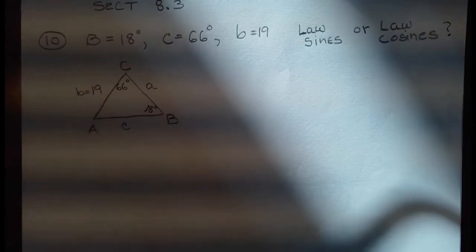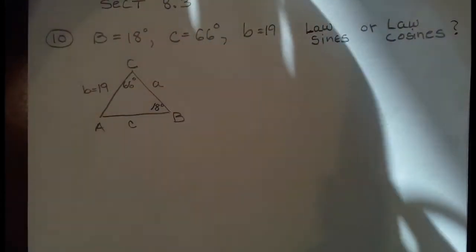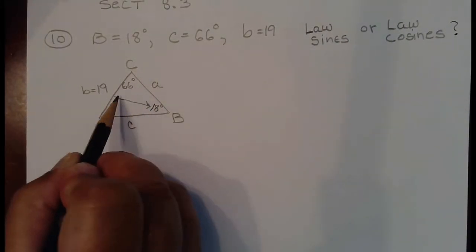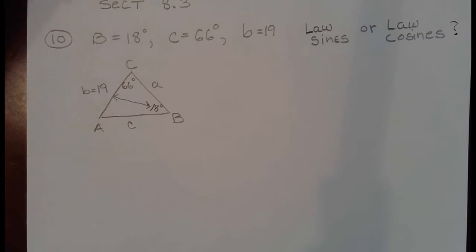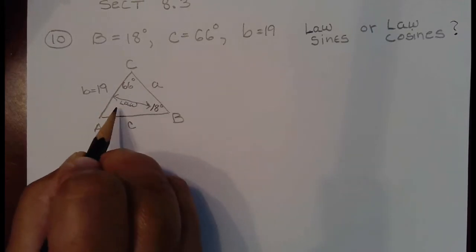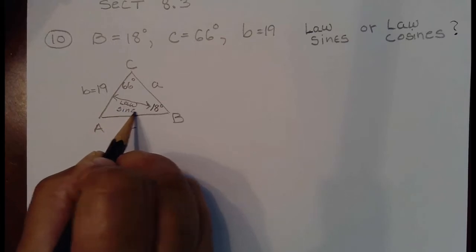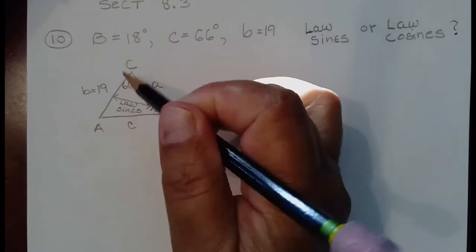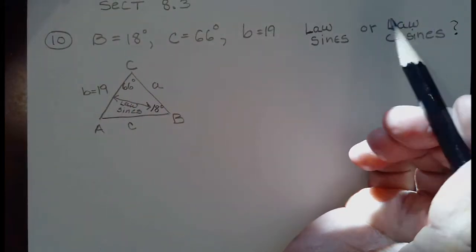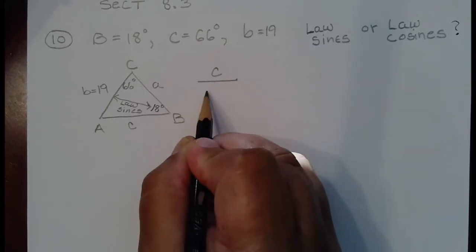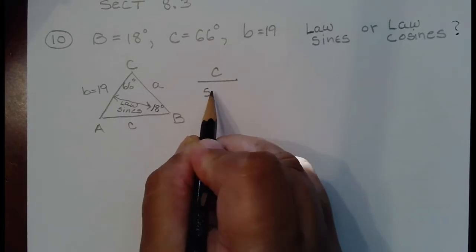And I keep pointing out, as I have in all these problems, that if you have a complete pair, in other words, an angle and a side across from it, that's what allows you to start the problem with law of sines. So in this particular problem, I'm going to go after this C pair as the next pair that I complete, and I'm missing a side, so I'm going to put sides on top, and then the angle that's across from it.